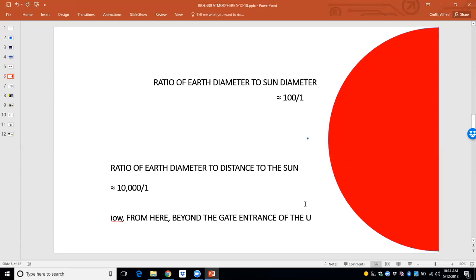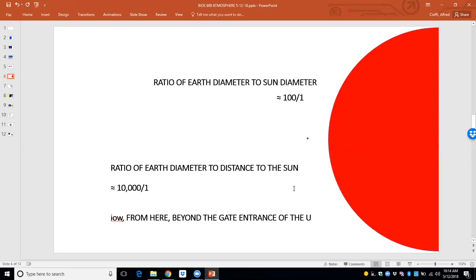But what I'm trying to say is that at that distance, what affects us most is the light of the sun, not the heat of the sun. And certainly the curvature of the Earth doesn't make a difference. Some people think that because the equator of the Earth is closer to the sun than the poles. Yes, but it's closer by a fraction of a fraction of a fraction. It's not significantly closer.